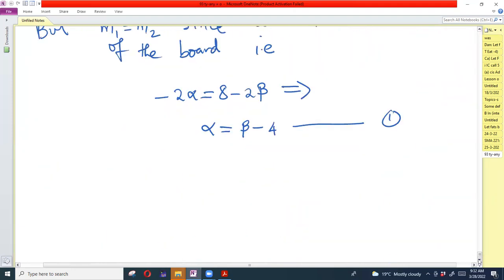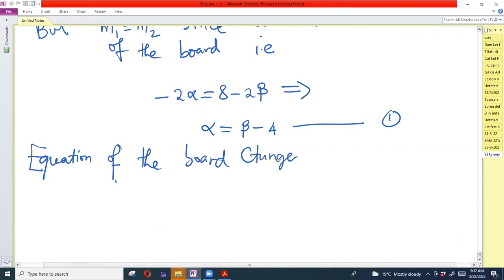And then the equation of the board, which is a tangent in this case, by definition is y minus y naught equals m into x minus x naught.